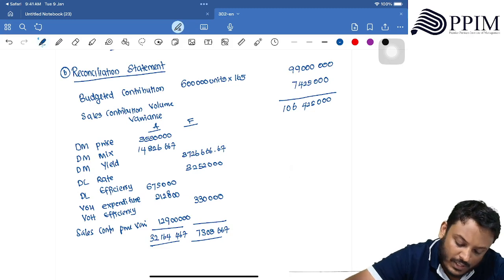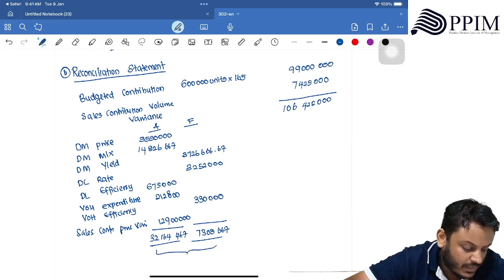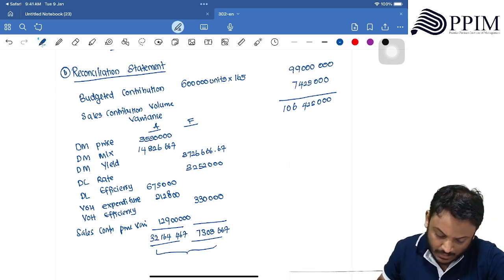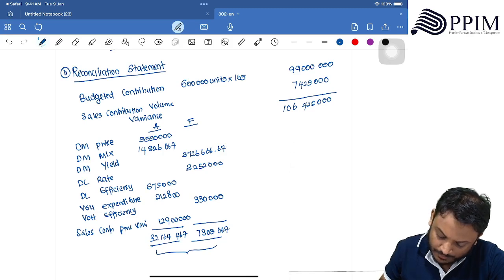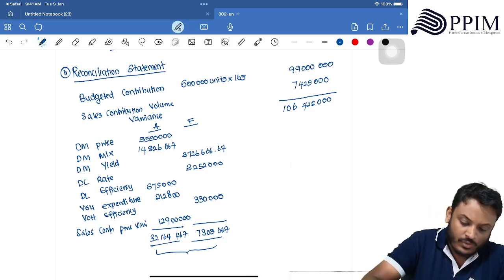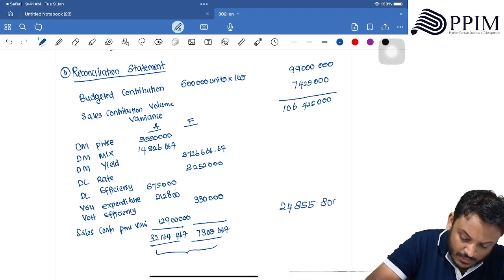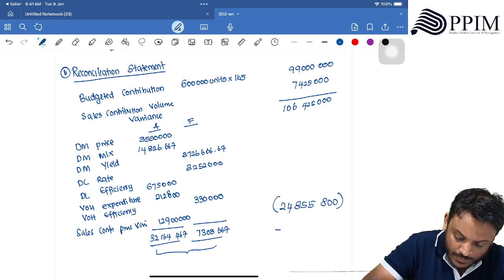So if you net off these two, adverse and favorable, 32,164,467 minus 7,308,667, so 24,855,800 adverse variance.